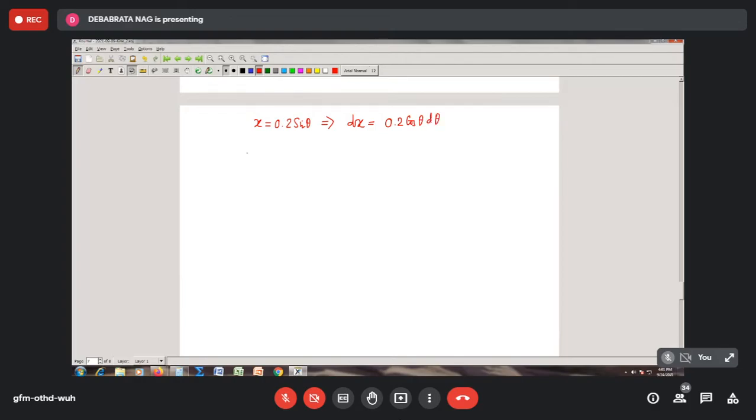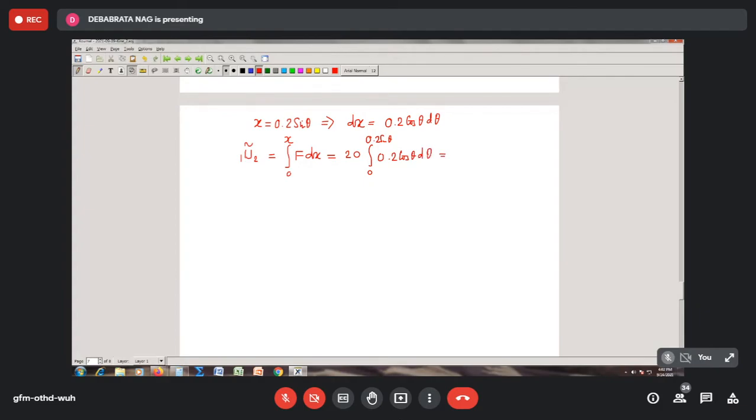So the work done from 1 to 2 is given by the integration from 0 to, say, any x, of F times dx. Your F being constant, you can write this as 20 times the integration from 0, with x being equal to 0.2 sine theta, and in place of dx we can say this is 0.2 cos theta d theta.